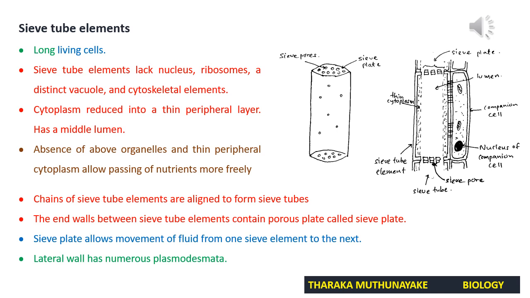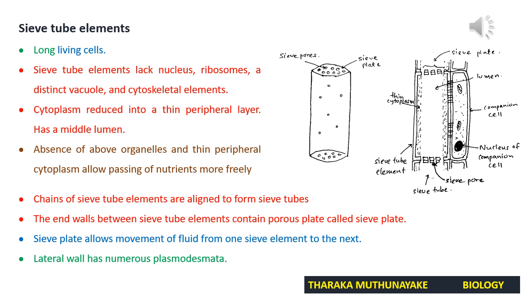Okay. Then it says chains of sieve tube elements are aligned to form sieve tube. What's the meaning of that? Here, sieve tube elements align end to end and form a continuous tube. The tube is known as sieve tube.